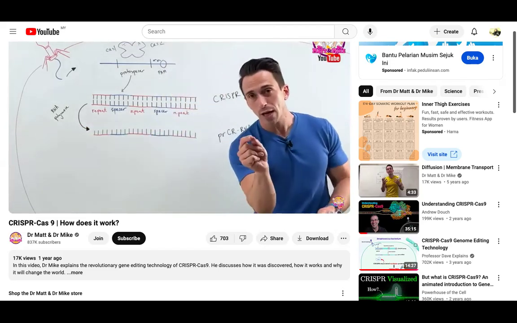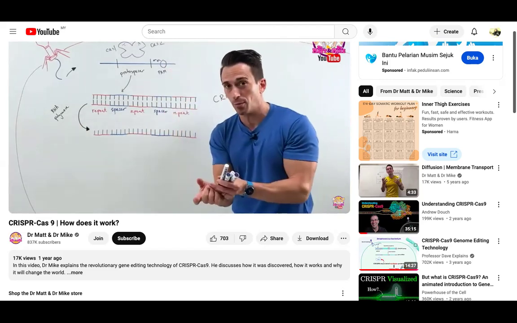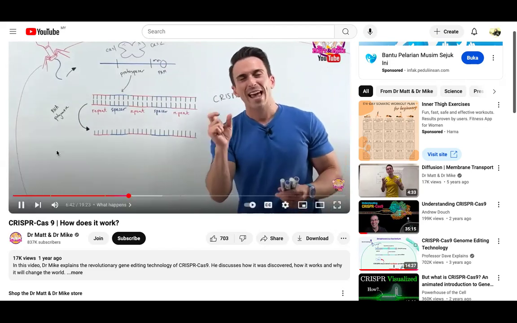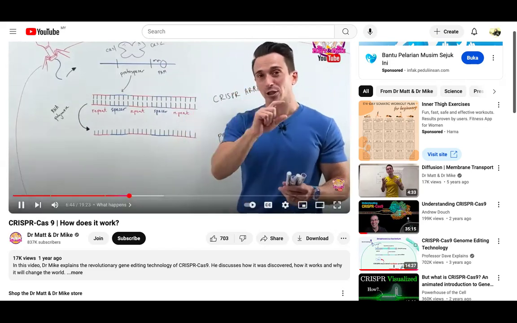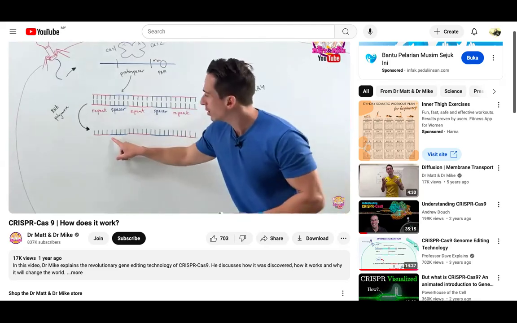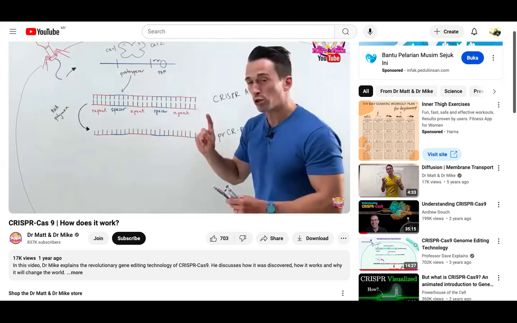Now, another RNA polymerase will go to another discrete area of the bacterial genome and transcribe other types of RNA. Parts of these RNAs match the repeats.